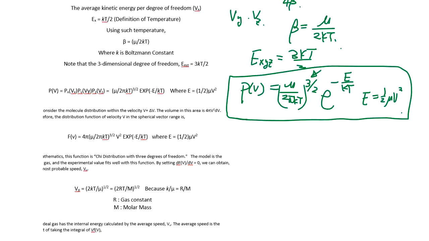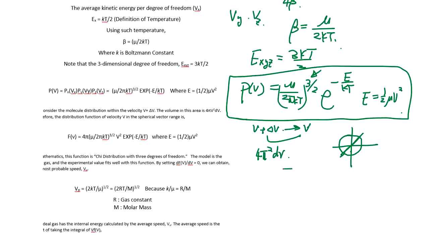Okay, and now we take how many molecules at the V. We take V plus delta V to be this range. This distribution is like a symmetric sphere distribution, so we take 4 pi v square dv, right?